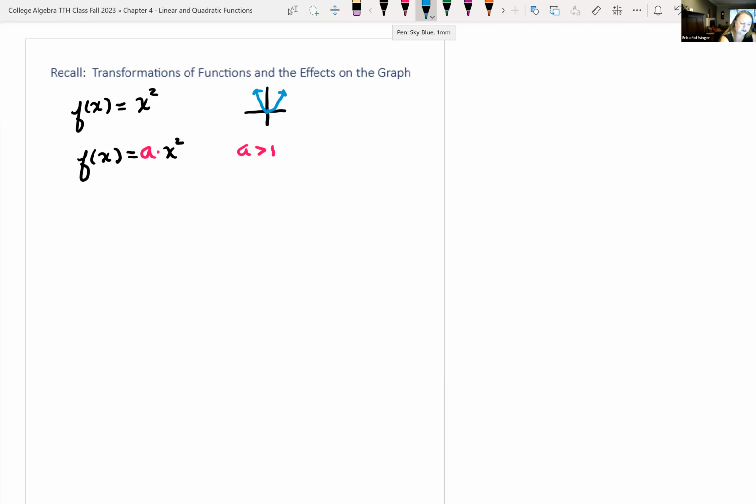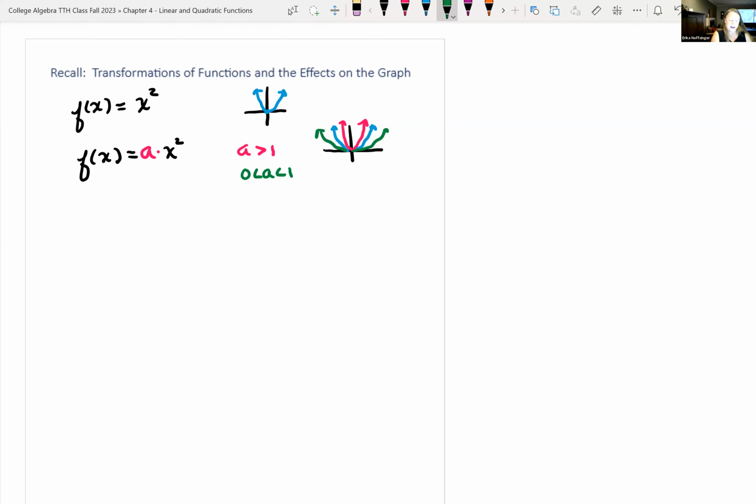If that value of a was bigger than 1, that means that the graph was going to grow at a faster rate, so it was going to be skinnier in here. If it was between 0 and 1, then it was wider and grew slower.